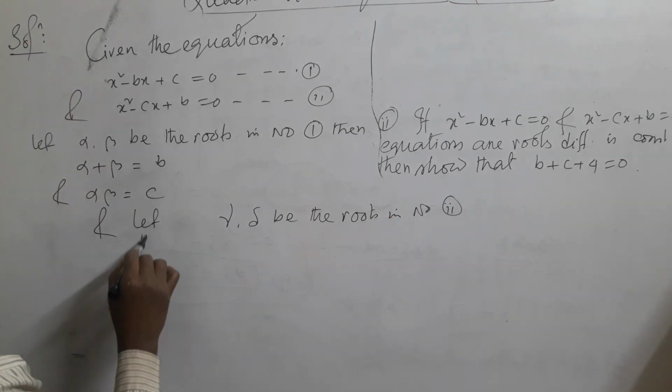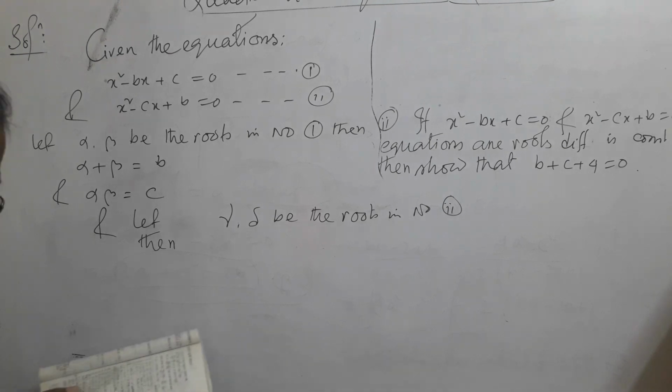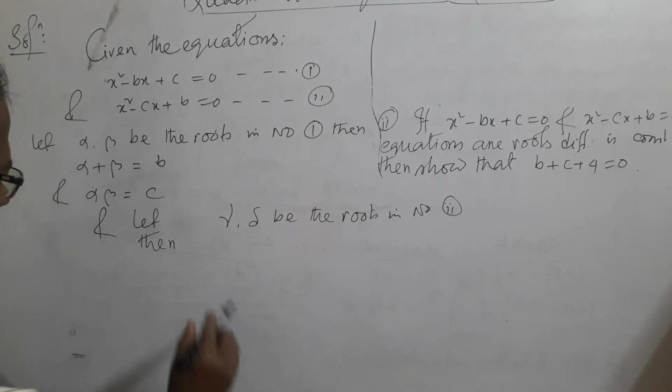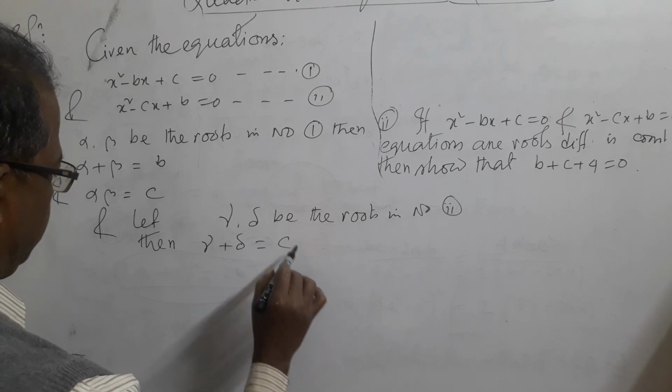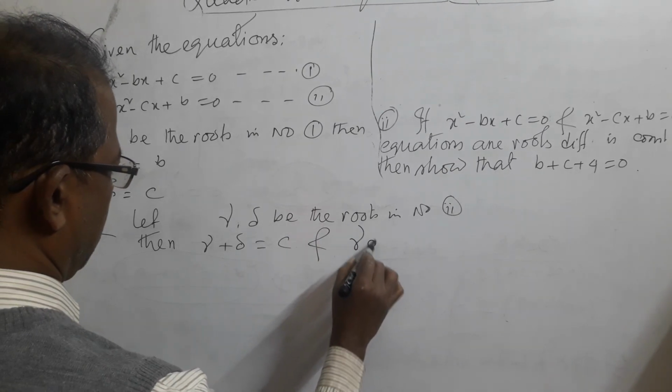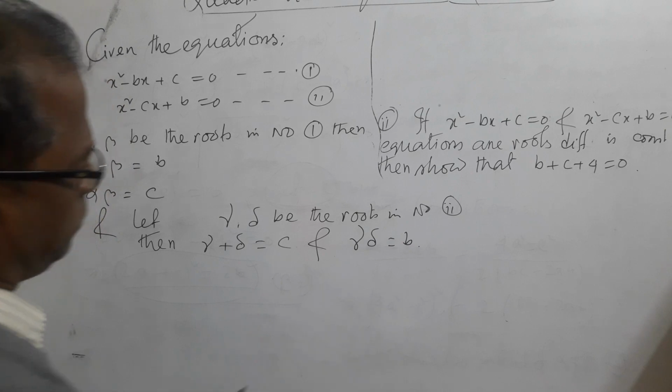Then gamma plus delta equal to c and gamma delta equal to b.